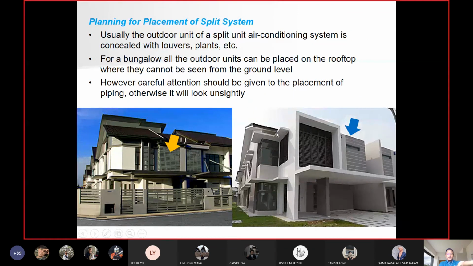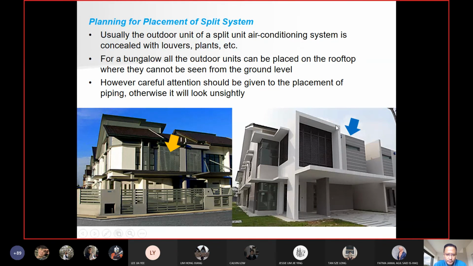Okay, planning for placement of split system. Earlier, I've already mentioned where to place the indoor unit and where to place the outdoor unit, right? So here, we just want to talk about the relation of this split system with your design.